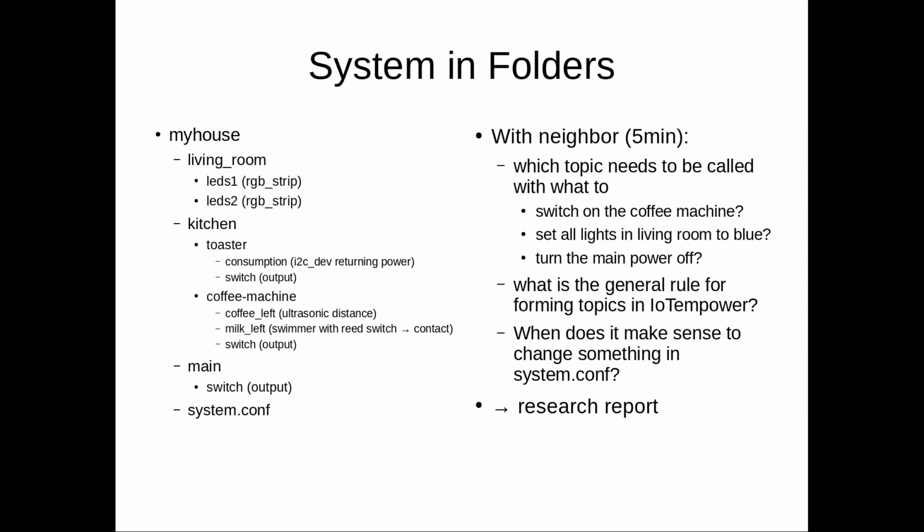And then we have to know, because this can be defined, what values to actually send to the topics. So we look where the system conf is located, and we start there. If we want to go to the toaster switch, we have to go to kitchen, toaster, switch, and then we need to know, switch has a set subtopic, and then set.